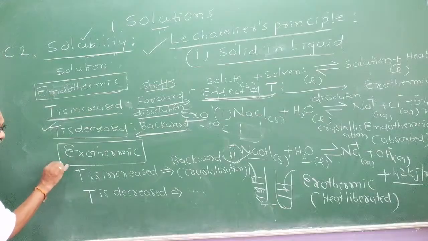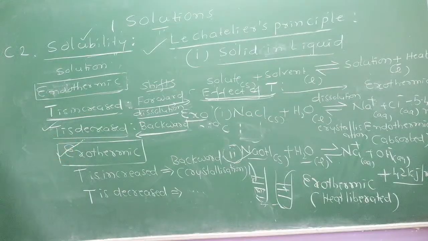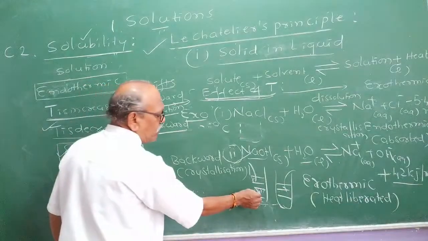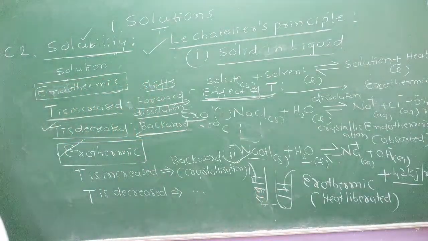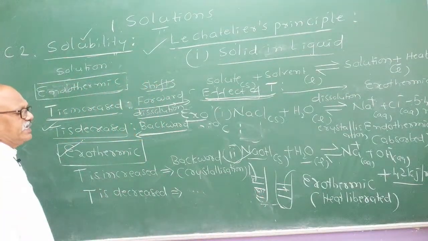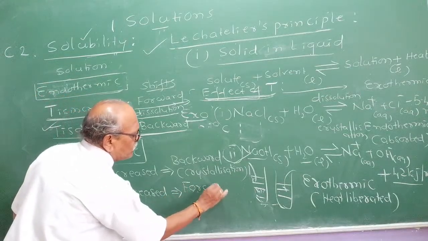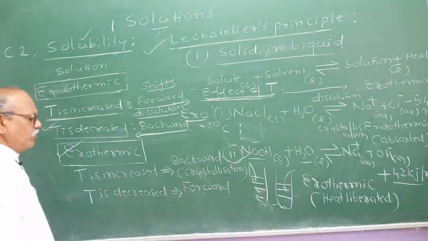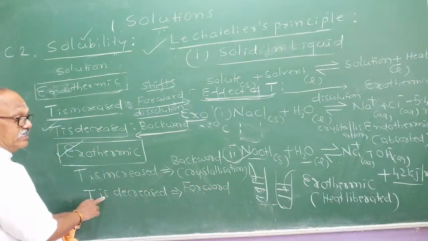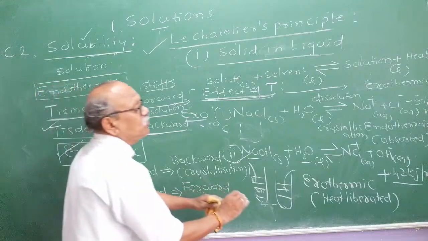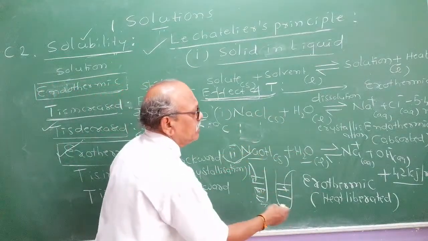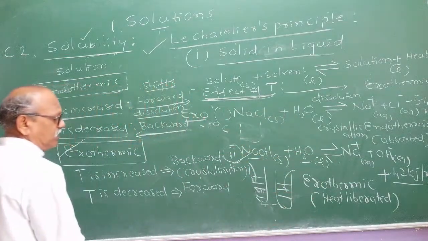Sodium hydroxide is exothermic in nature. If the temperature is decreased, in which direction does the reaction take place? In the forward direction. Why? When the temperature is decreased, for the system to increase the temperature, more of the exothermic reaction takes place.